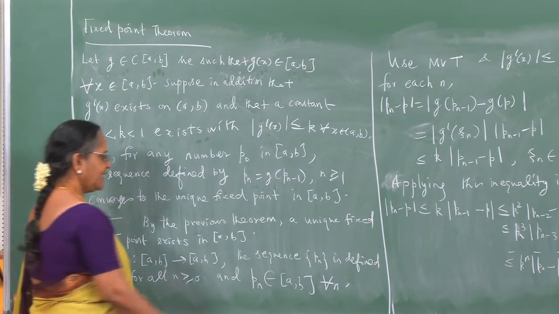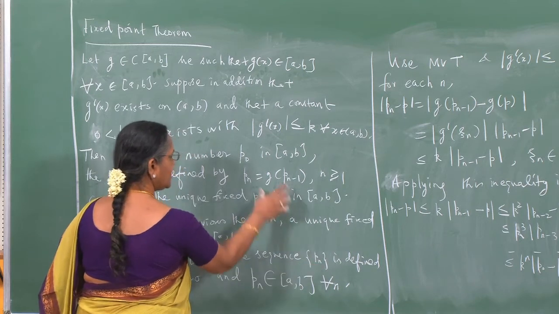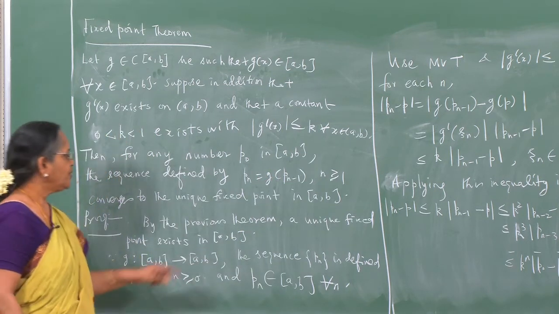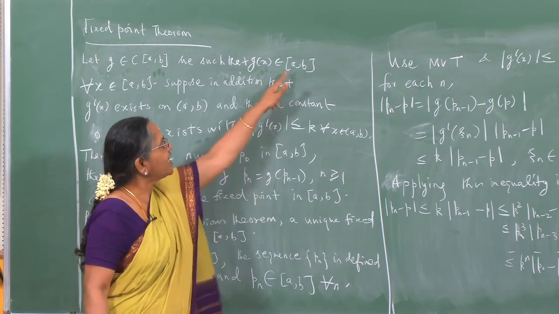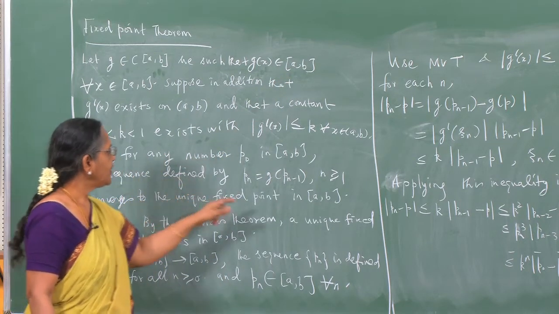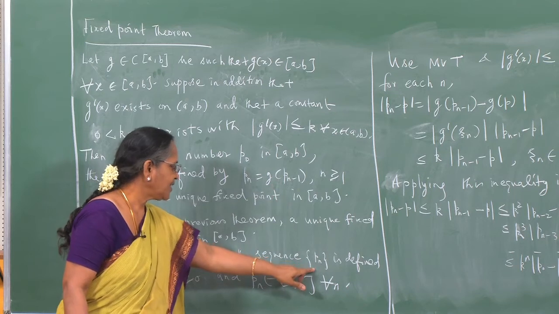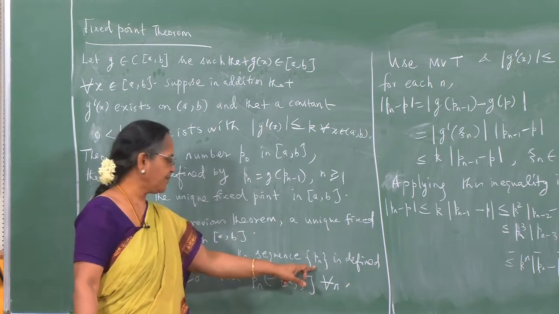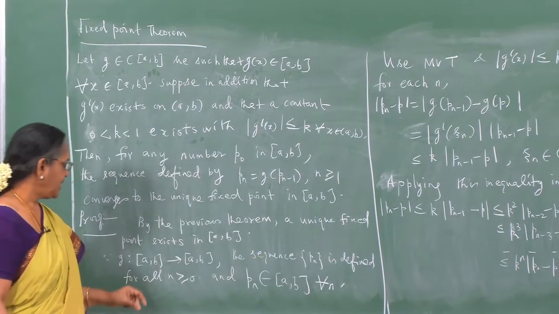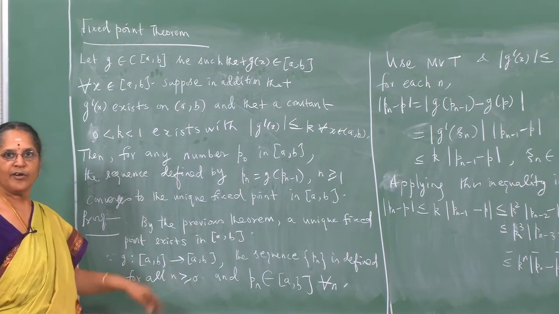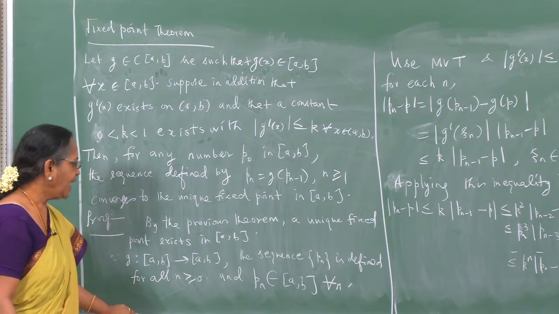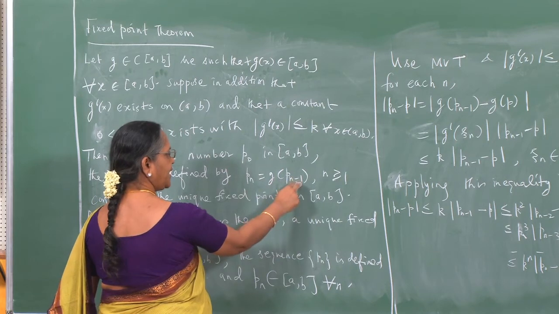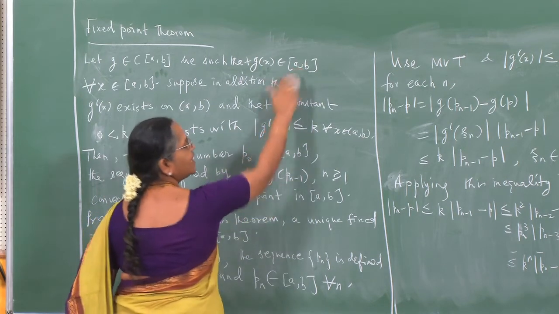So, now I consider the sequence Pn which is generated using Pn equal to g of Pn minus 1. g takes values in that interval [a, b] and therefore, all the Pn's, which are members of this sequence, are defined for every n greater than or equal to 0, and Pn belongs to [a, b] because Pn is g of Pn minus 1 and g takes values in the interval [a, b].